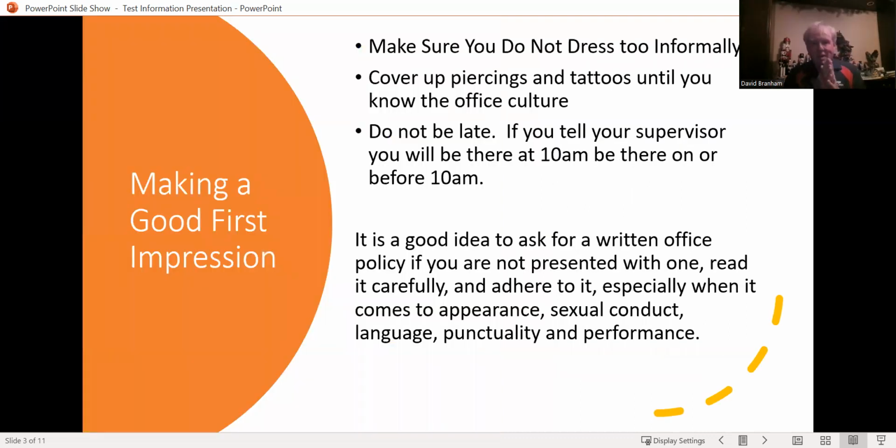Okay, a few things to think of when you go into the office. One, make sure you do not dress too informally, especially on the first couple of days or the first week. Make sure that you are not dressed too casual for the office. So a good rule is to basically dress one level above what you think you need.